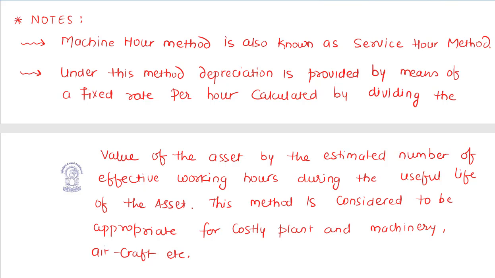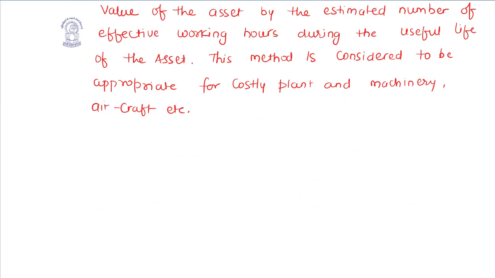Under this method, depreciation is provided by means of a fixed rate per hour calculated by dividing the value of asset by the estimated number of effective working hours during the useful life of the asset. This method is considered to be appropriate for costly plant and machinery, aircraft, etc.